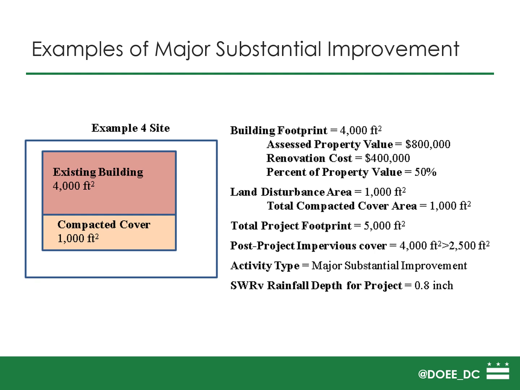So we still have more than 2,500 square feet of proposed post-project impervious cover. And because of all these conditions together, this substantial improvement, the 5,000 square feet of total project footprint, and the greater than 2,500 square feet of post-project impervious area, we have a major substantial improvement project and a SWERV rainfall depth for this project of 0.8 inches.